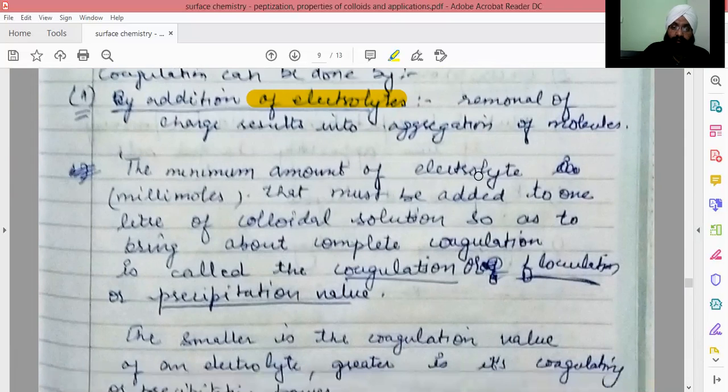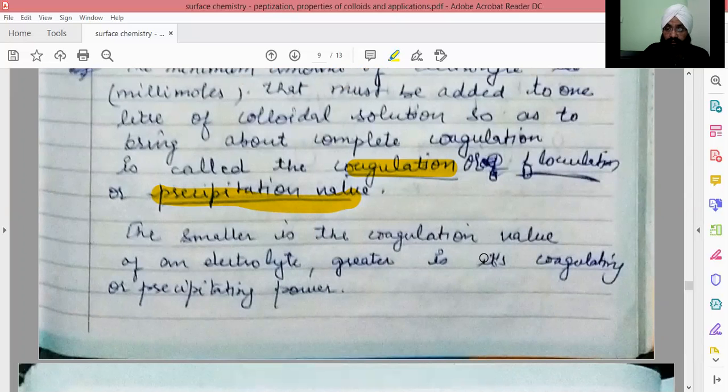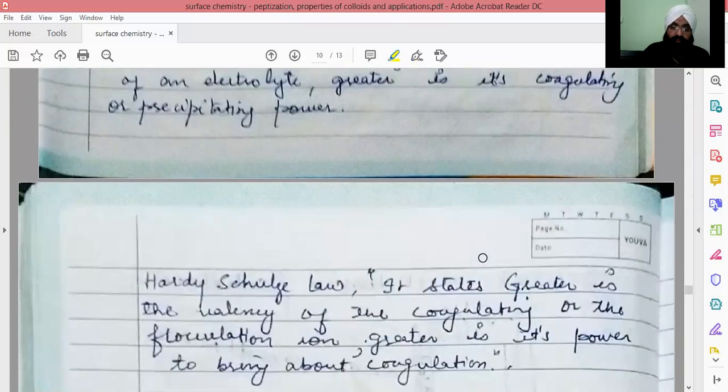Now, the minimum electrolyte amount in millimoles which is required to coagulate a liter of colloidal solution is known as coagulation value, flocculation value, or precipitation value. The electrolyte which has a low flocculation value or coagulation value is more effective because its small amount is effective.